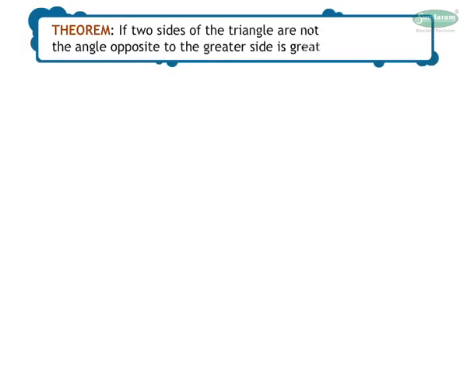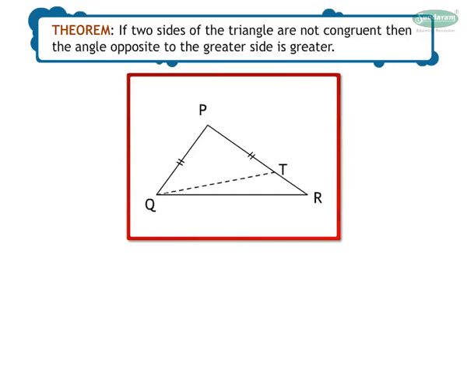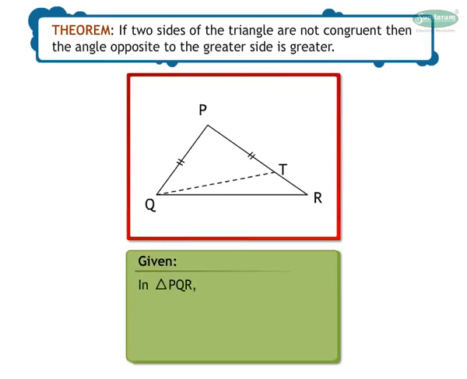Now, coming to the theorem. If two sides of the triangle are not congruent, then the angle opposite to the greater side is greater. See the figure alongside. It is given that in triangle PQR, PR is greater than PQ.